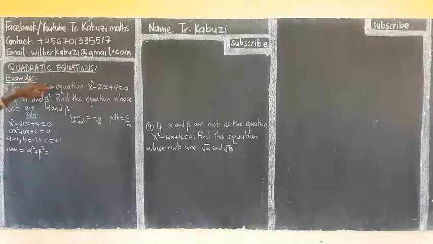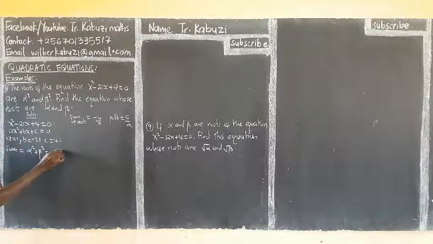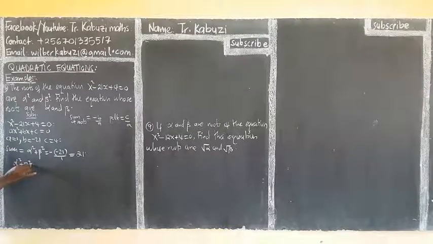Of these particular roots, always the sum is negative b over a, so negative into negative 21 over a. Our a here is 1, and so this is giving us 21. So it means that alpha squared plus beta squared is 21.